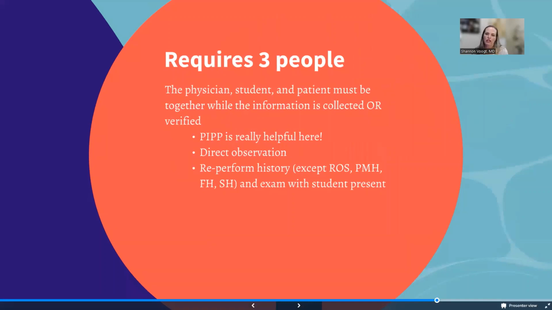So how can you do that? Your physical presence requires 3 people. At some point in the office visit, the doctor, the student, and the patient must be together in the room. So all 3 of you. That can happen after the student gathers the information and you're just coming in to confirm it, or that could be part of your direct observation, or that could be the student presenting in front of the patient.